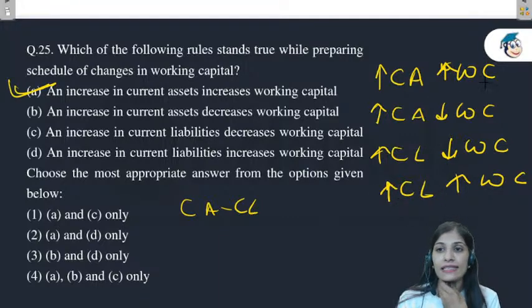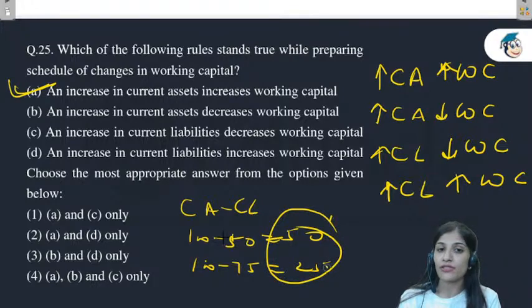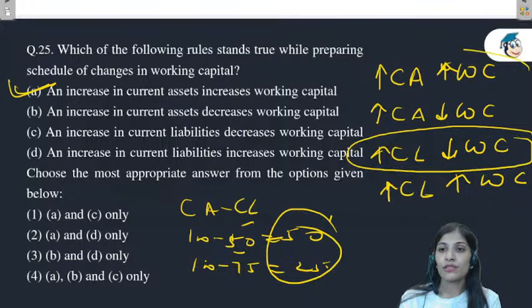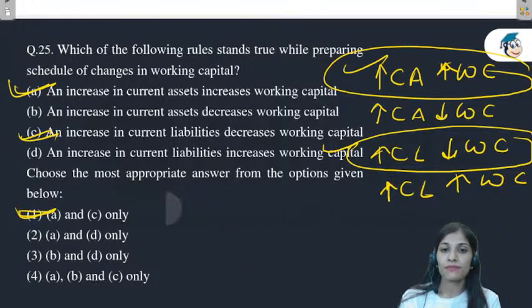Current assets is increasing, WC is increasing. Then how it is possible that current liability is increasing and WC is increasing? So this would be the question. See, 100 minus 50 is equal to 50. 100 minus 75 is equal to 25. So working capital is decreasing due to current liability is increasing. This is true and this is true. So option number C is correct. A and C is correct. Option number 1 is correct.